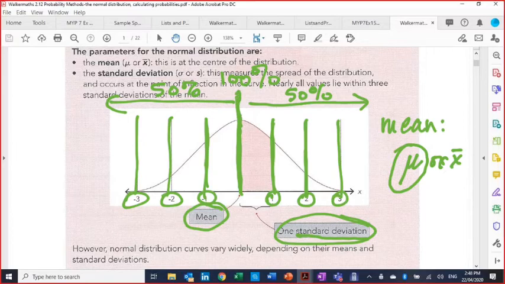The whole graph equals 100%, and each half, split by the mean, is 50% on either side. Okay? That might not seem very important to you right now, but later when you are answering questions, it's going to be. Again, we're going to be using the calculator for most of this, but it's still important that you understand how the data is distributed.